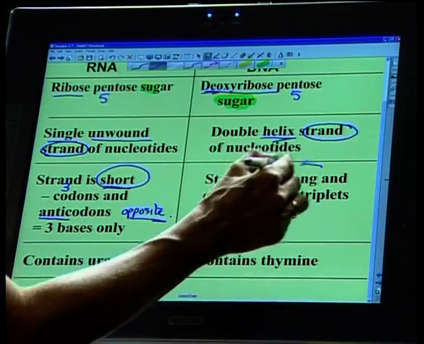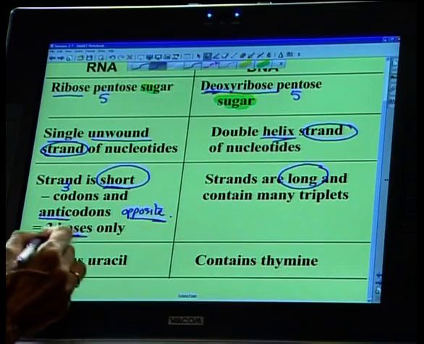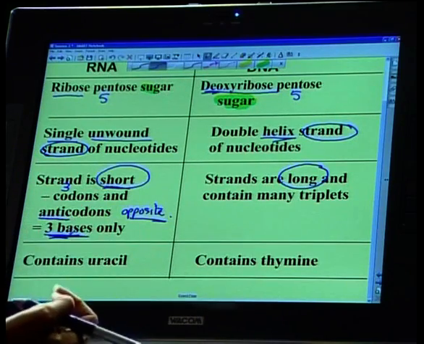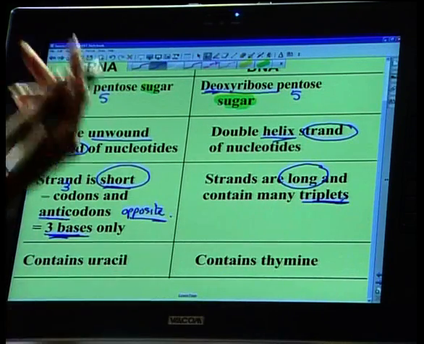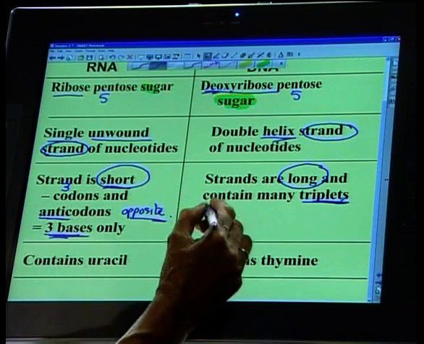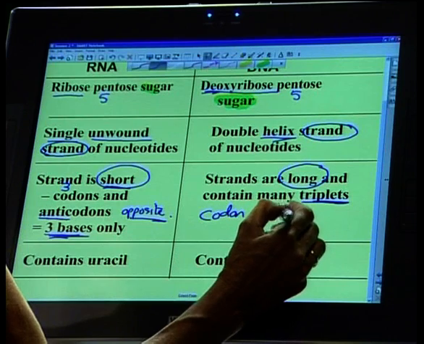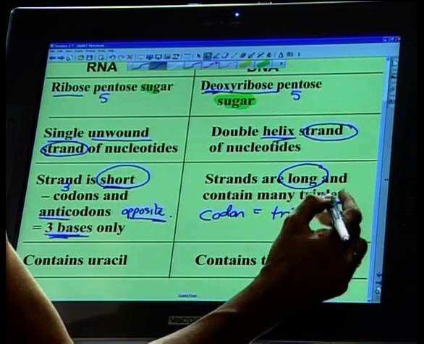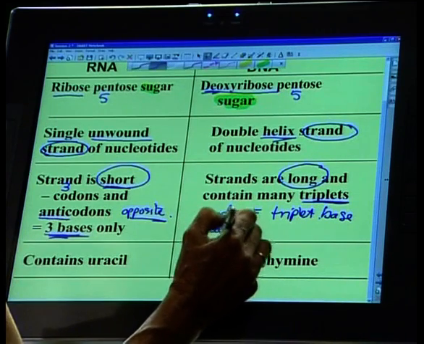Here the strand is long. Here it only contains 3 bases in the codons and the anticodons, and here it may have many triplets. I use the word triplets there so that I would remember to tell you that a codon is also called a triplet. So it's triplet bases and codon bases, okay, or anticodon bases.